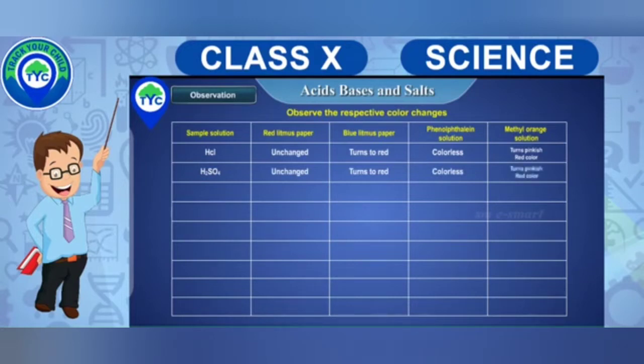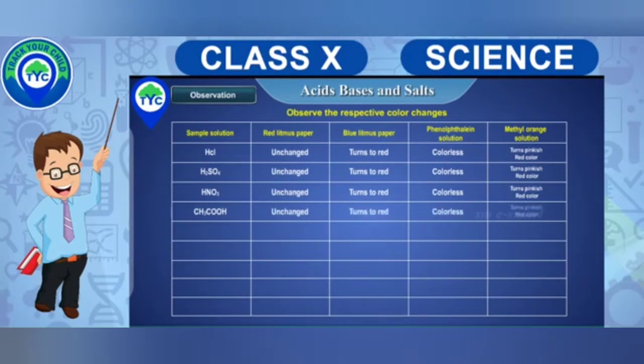H2SO4: unchanged, turns red, colorless, turns pinkish red. HNO3: unchanged, turns red, colorless, turns pinkish red. CH3COOH: unchanged, turns red, colorless, turns pinkish red.